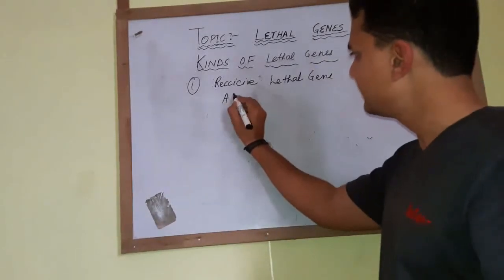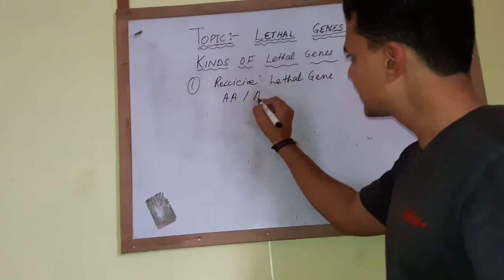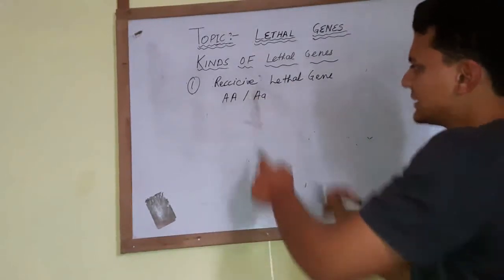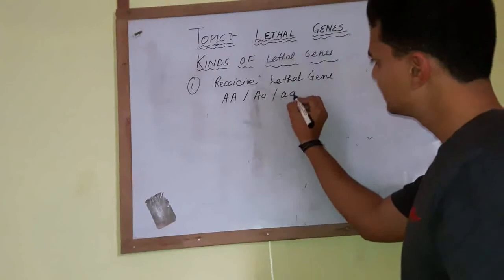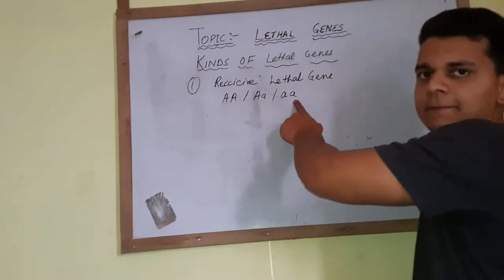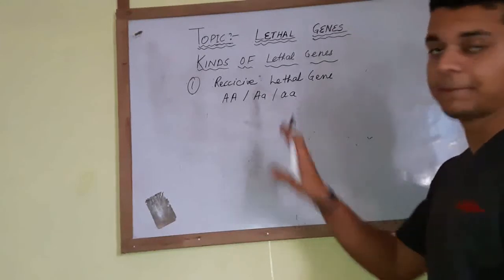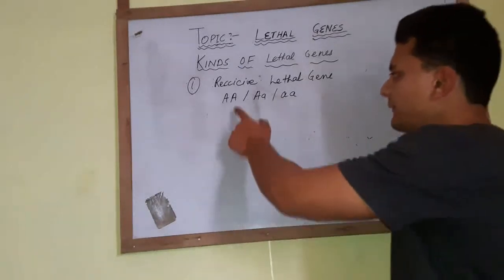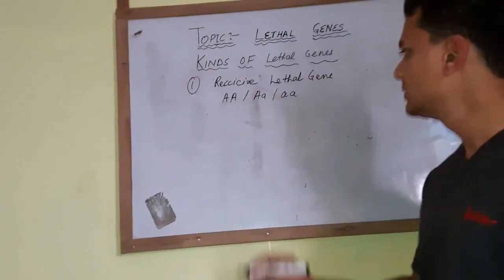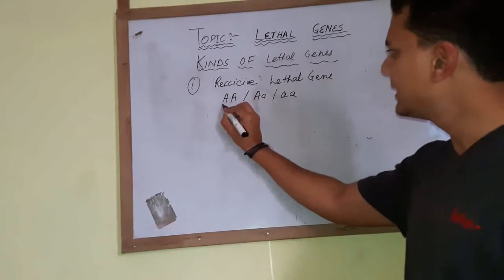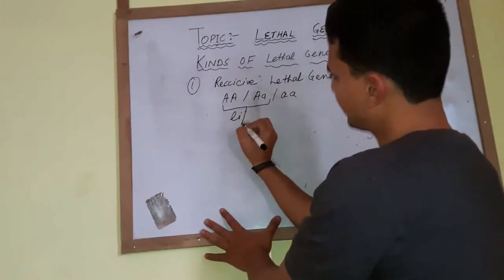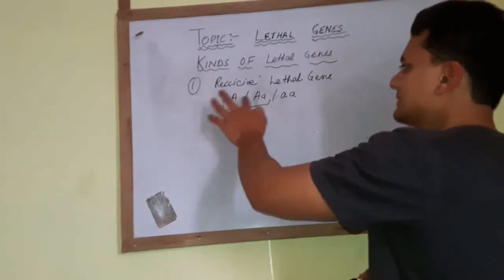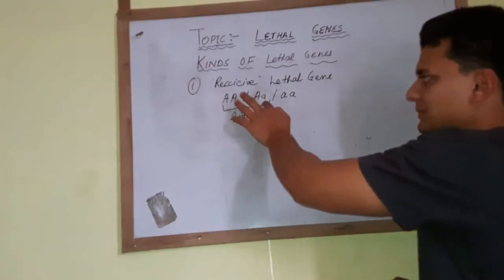Again, the three genotypes that we have in all cases are homozygous dominant, heterozygous, and fully recessive, the homozygous recessive case. So over here, what will happen? Only these two genotypes are going to survive. In these two cases, the genotypes are going to live.